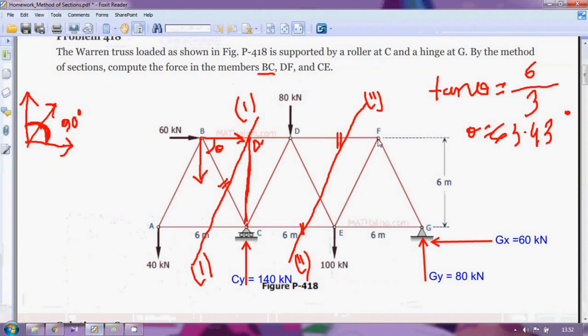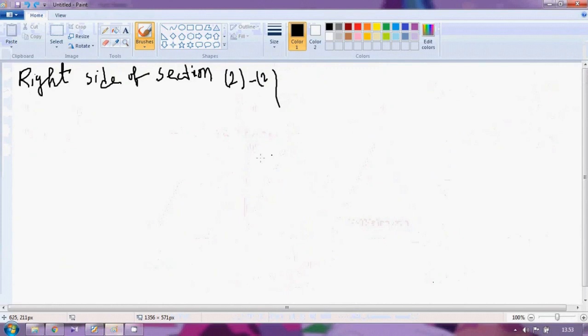If we look at the right side, we have a triangle, and this member force DE and this member force CE will come. So let us draw the section. We have a triangle like this, and here we have the reactions.